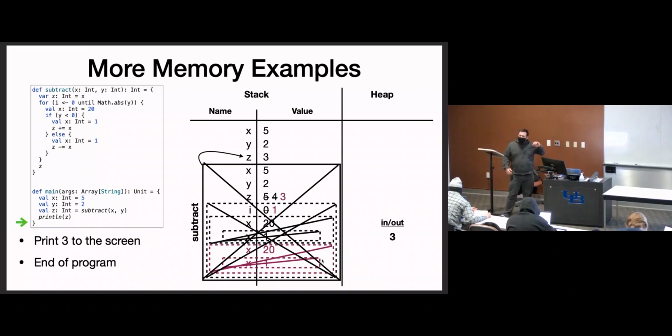Right. Let me think of how to answer this. So my example, I wanted the objective to be something very simple. We're just subtracting 2 values. So everybody understands what our goal is, so then we can focus on what the code is doing and how to do the memory diagram.